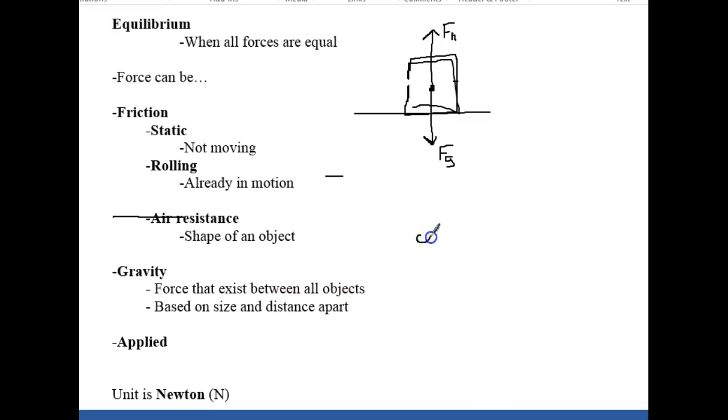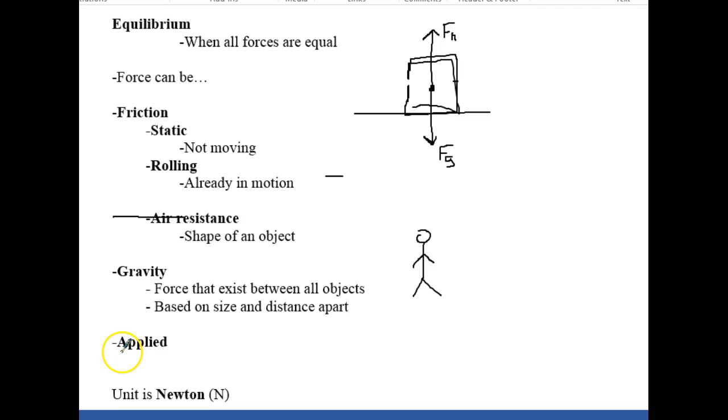So if you're comparing a person to the sun, which you can't even compare in size, the sun is so much larger, the earth is so much larger, the moon is so much larger, and all those other objects are so much larger than a person, that their effective gravity is so much greater that we don't even notice our own effective gravity. And we're going to talk later about gravity.